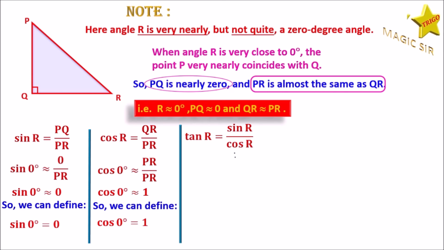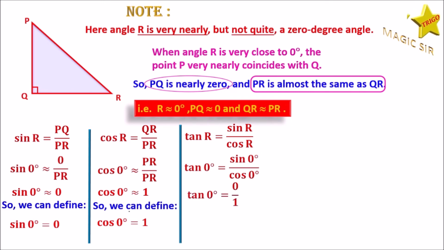Now by definition, tan R is equal to sin R upon cos R. We take R equal to 0 degree. So tan 0 is equal to sin 0 upon cos 0.